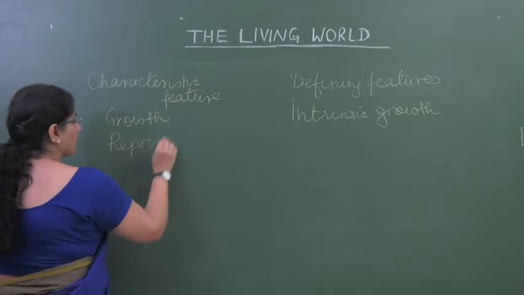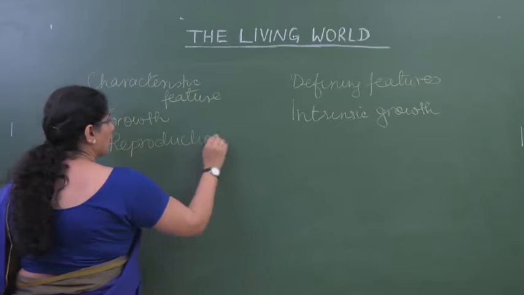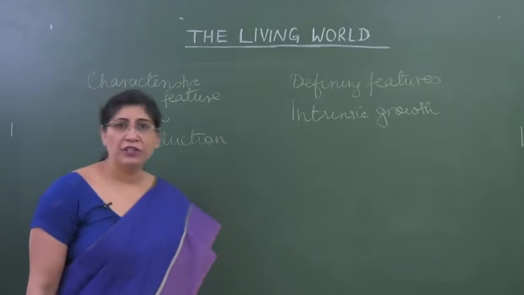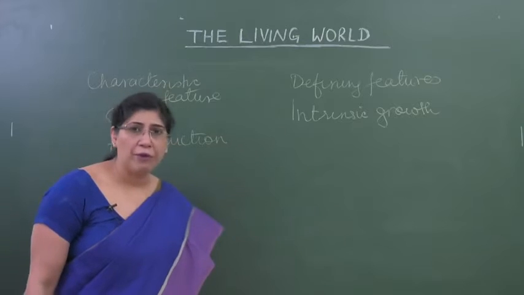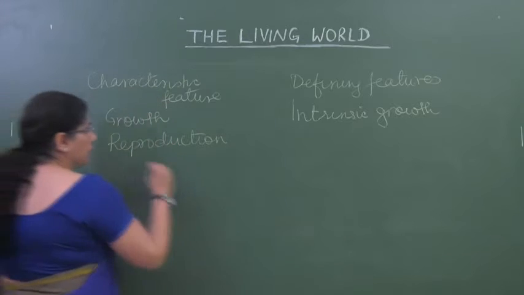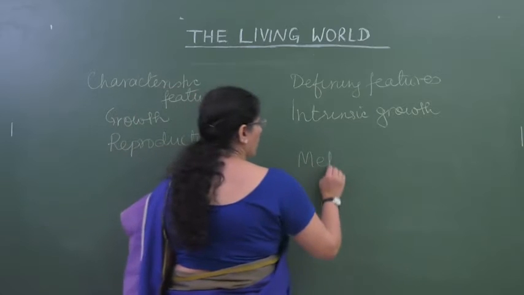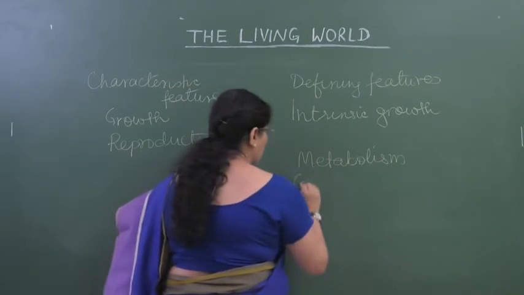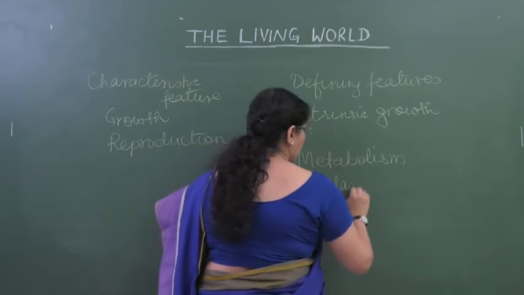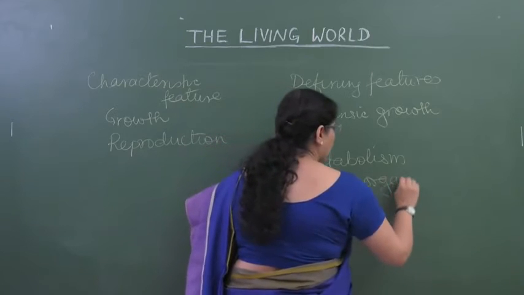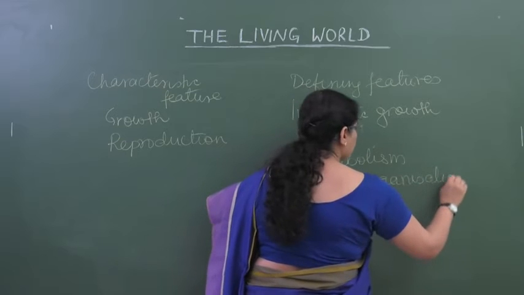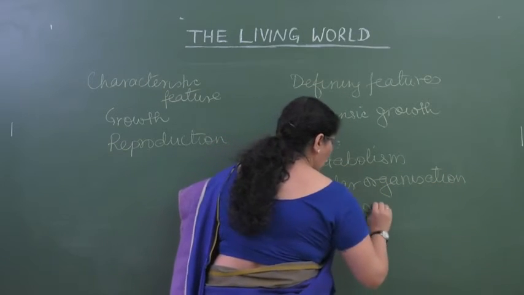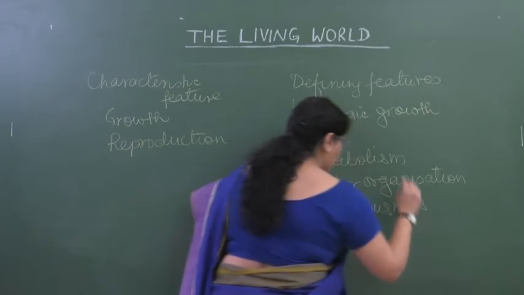Reproduction is a characteristic feature. We won't have a defining feature to counter reproduction. Then metabolism, cellular organization, and consciousness.